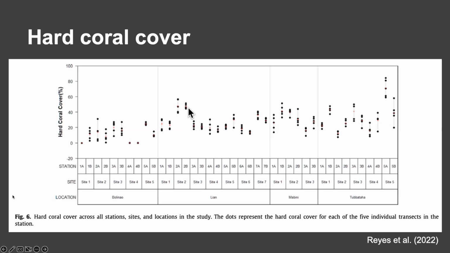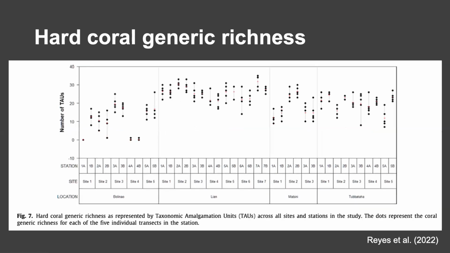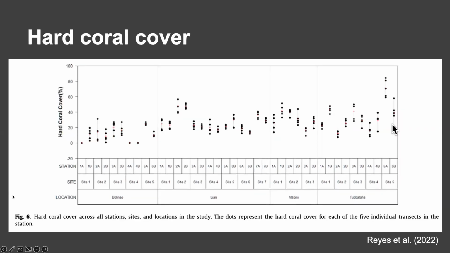Lian, not bad in some places. These are varieties-dominated reefs, by the way. And not surprising, unfortunately, in Bolinao, we have reefs where coral cover is 0. Okay. Pero if you compare this figure, which is coral cover with diversity, okay, notice itong 5A sa Tubataha, ang taas ng cover.